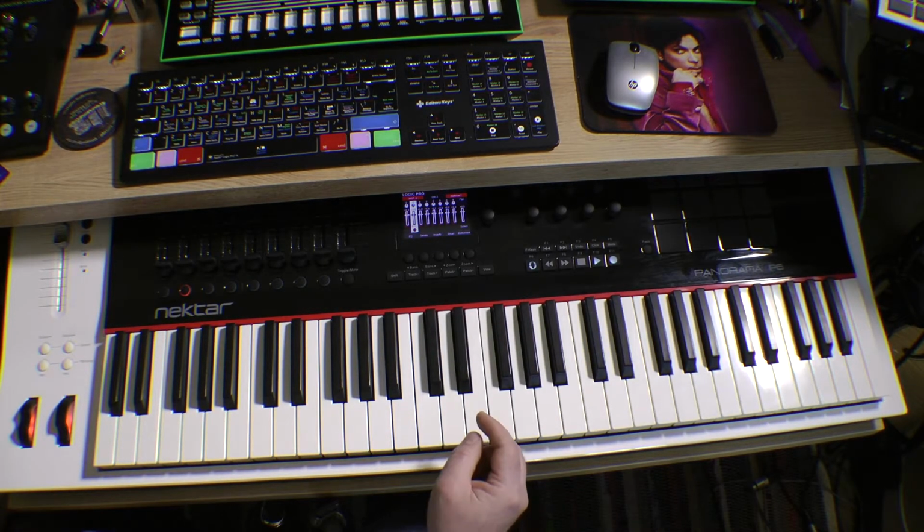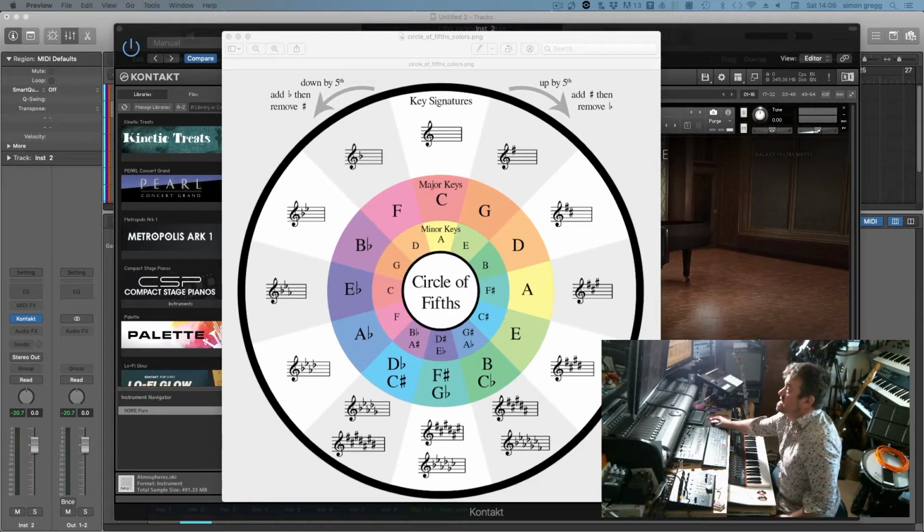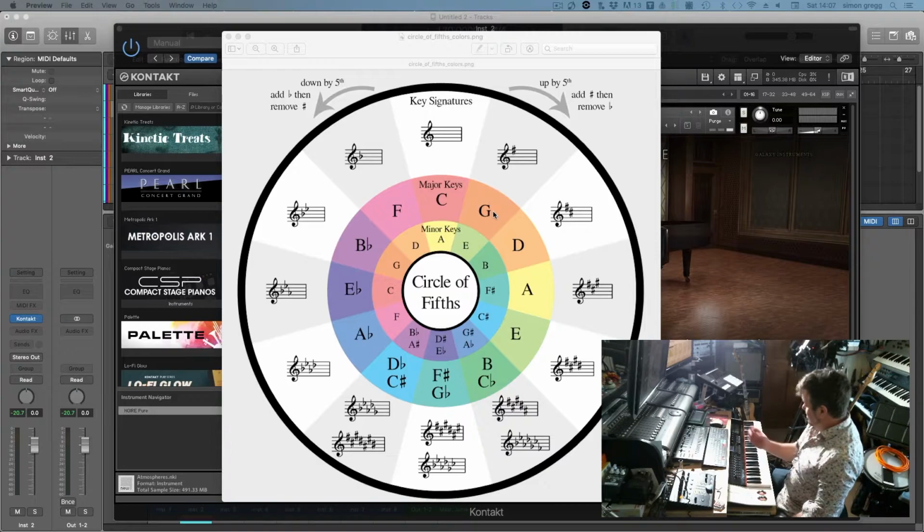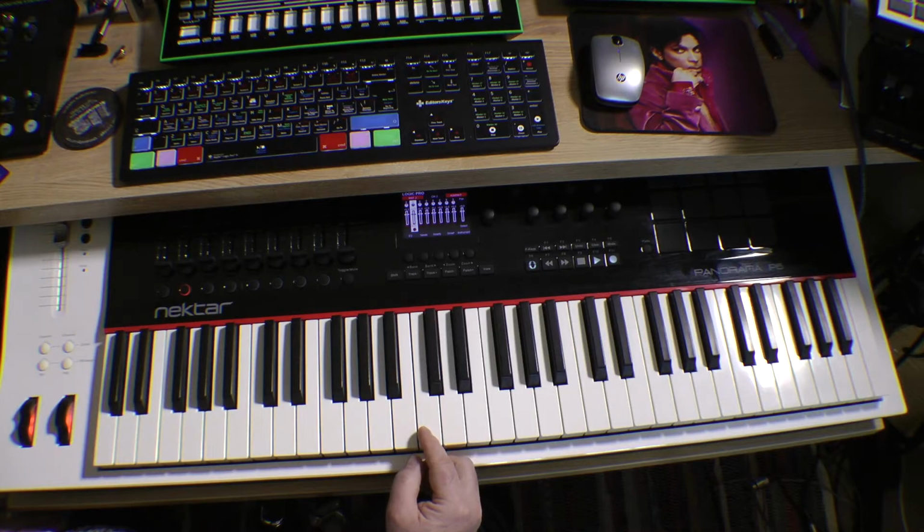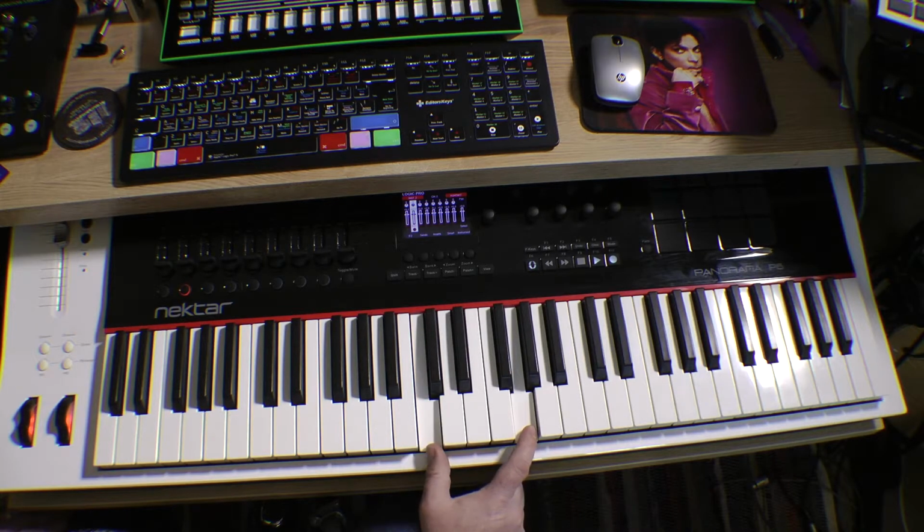Now, if we take a look at the circle of fifths, and we take a look at C, just here, we move this way around, we can see that the next note is G. Now it just so happens that G is the fifth note, the perfect fifth of the key of C. Now what happens when we get to that note?